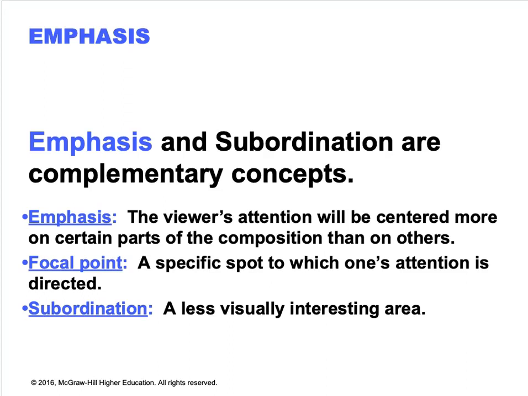So this is using the concepts of emphasis and subordination. They're kind of opposites, aren't they? If you're emphasizing one area, you're probably de-emphasizing the rest of the area. And then again, focal point, hear the word point in it? That's like one spot. It's like the real specific spot where you want the attention to go.